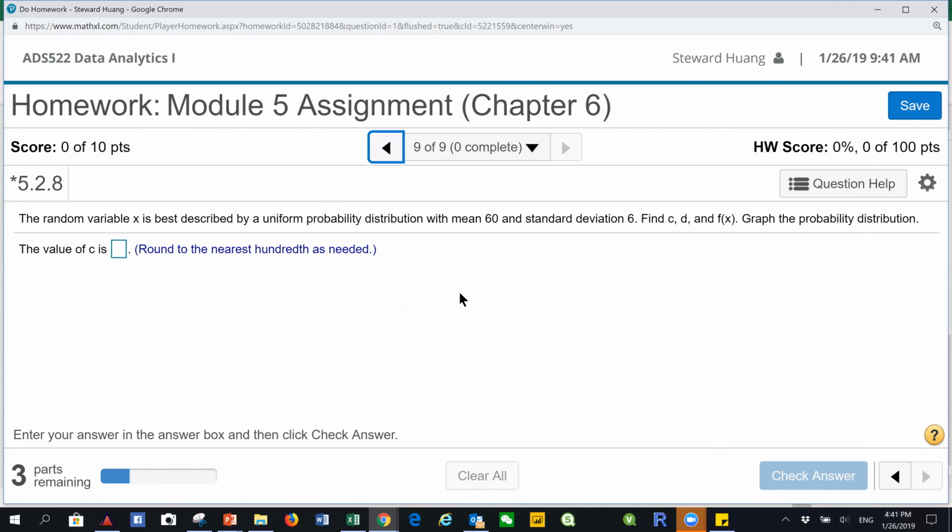The random variable X is best described by a uniform probability distribution with mean 60 and standard deviation 6. Find C and D. There are two parameters.